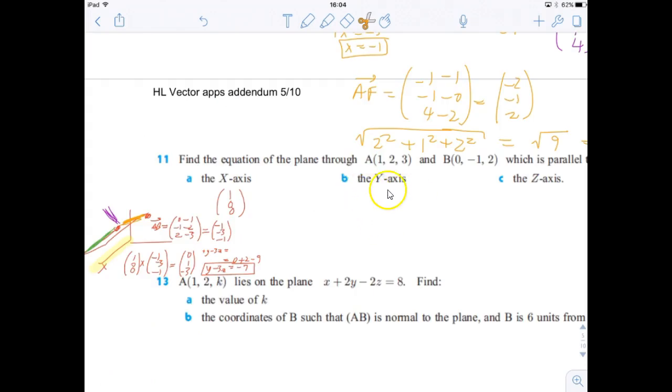So now we're going to do the same thing with the y-axis. The y-axis would be written as (0, 1, 0), and we're going to cross product the AB vector with that.